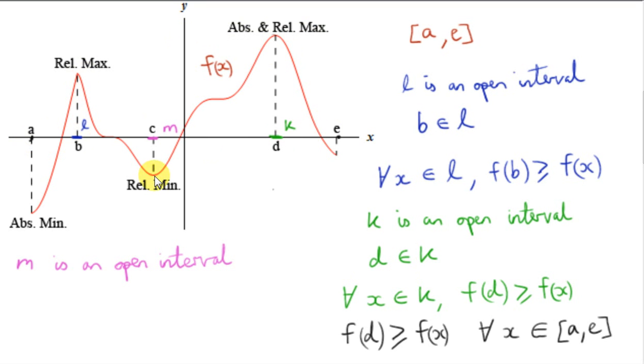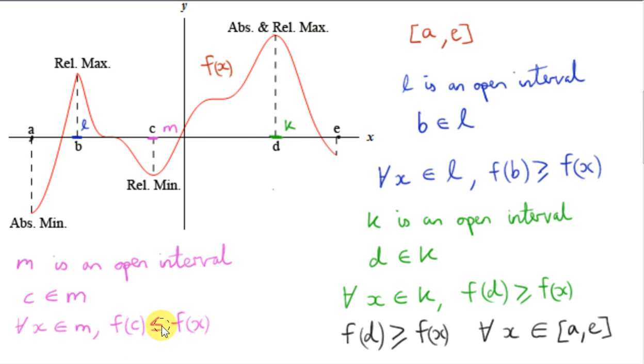At the point C, we have what is called a relative minimum of this function. M is an open interval such that C is an element of M. For all x in this open interval, f of c is less than or equal to f of x. Actually, from this picture, it looks like f of c is strictly less than f of x.